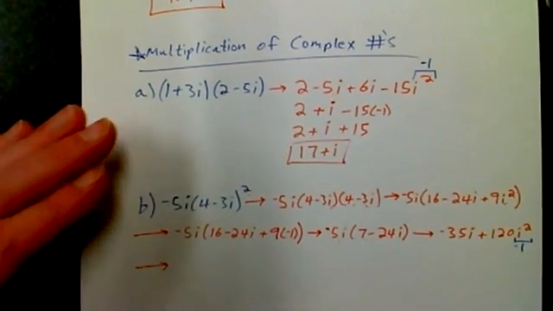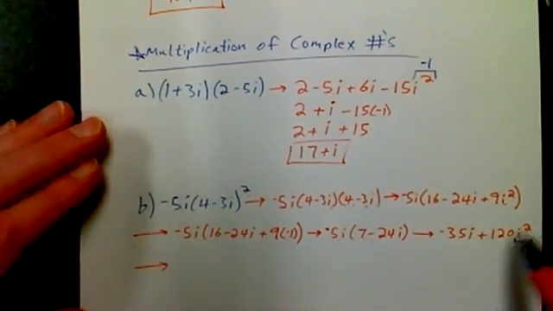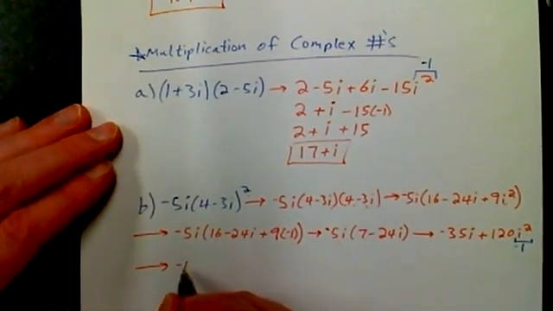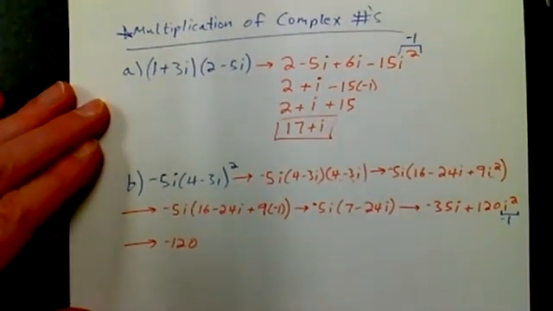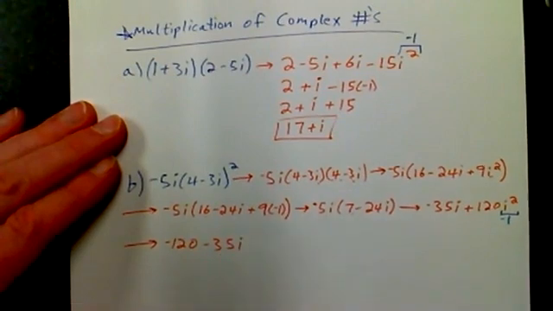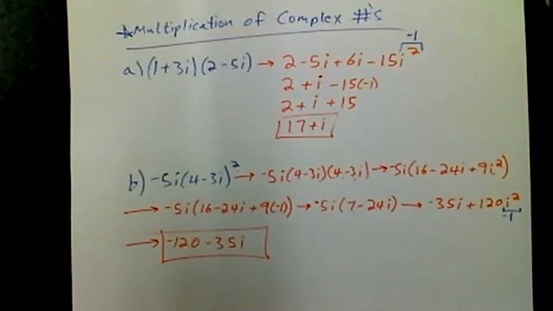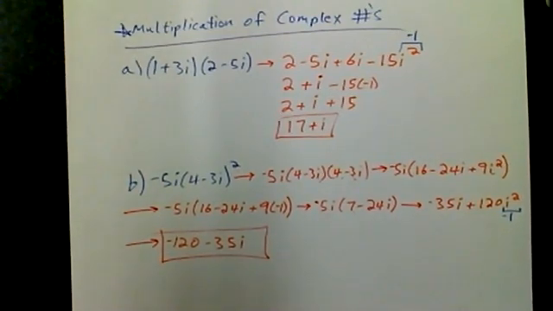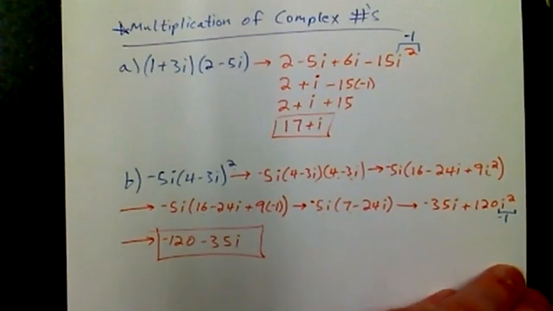So if I want to get it in a nice form right at the end, I know that that whole thing is going to be negative 120 for my real part. And I'm left with minus 35i for my imaginary part. Right there. Okay? So if you can multiply polynomials, you can multiply complex numbers. Just one little extra step.